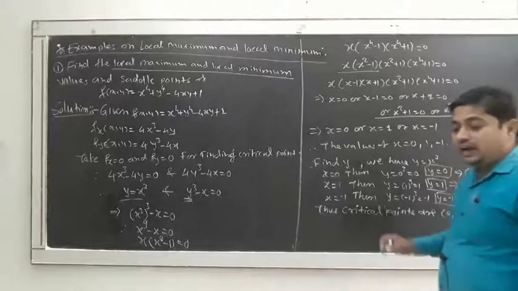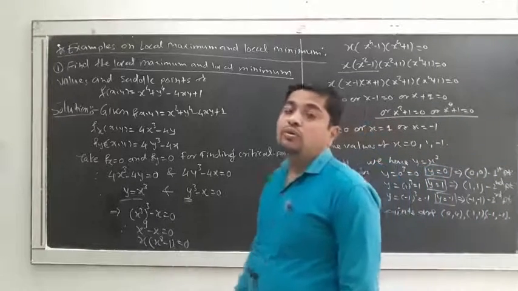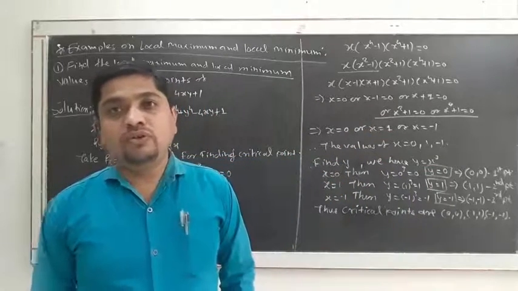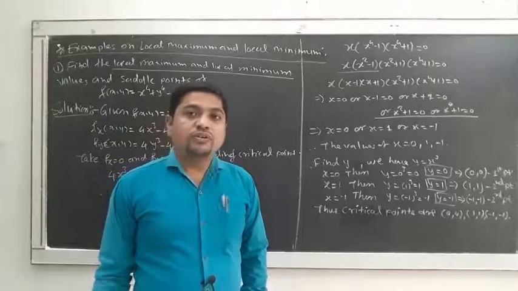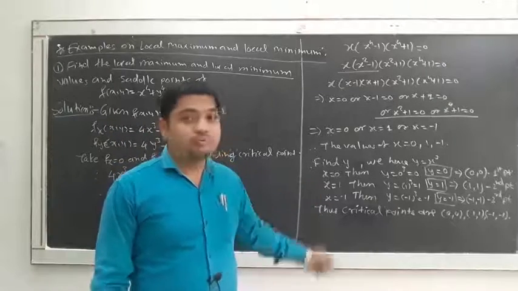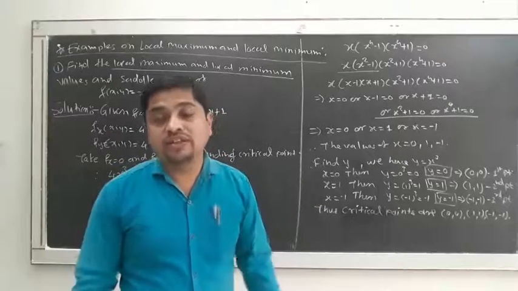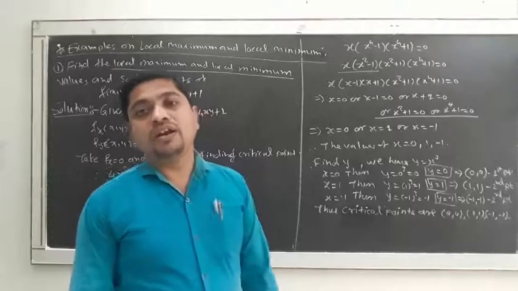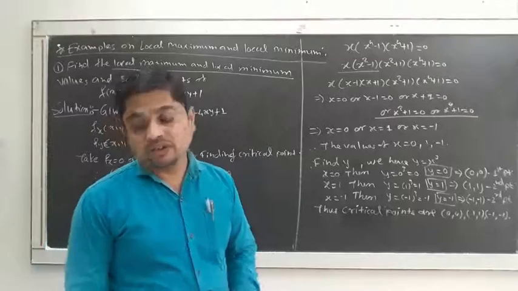And now at these critical points you have to use the second derivative test, and check at each point whether the value is a maximum, a minimum, or a saddle point.